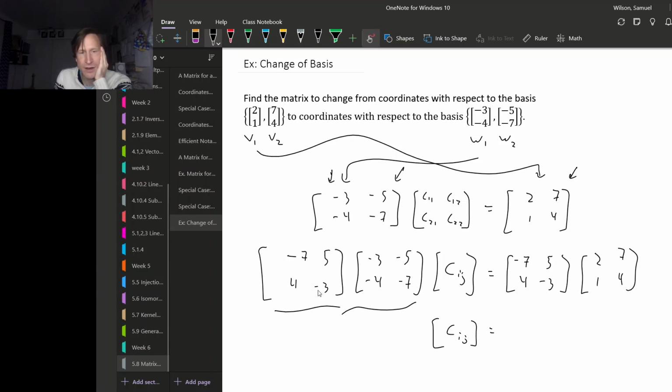So right, on the left, this product is just the 2 by 2 identity, so the left-hand side is just Cij, which again is 2 by 2. And on the right, we just need to do this matrix product.